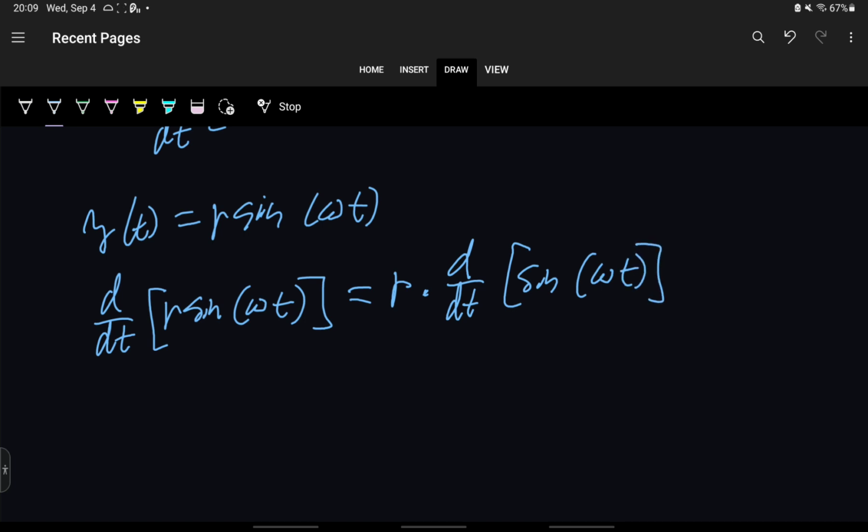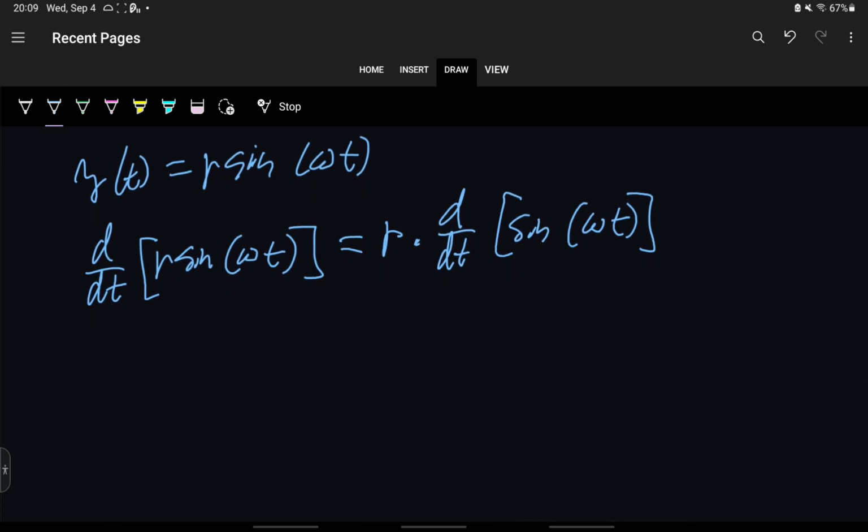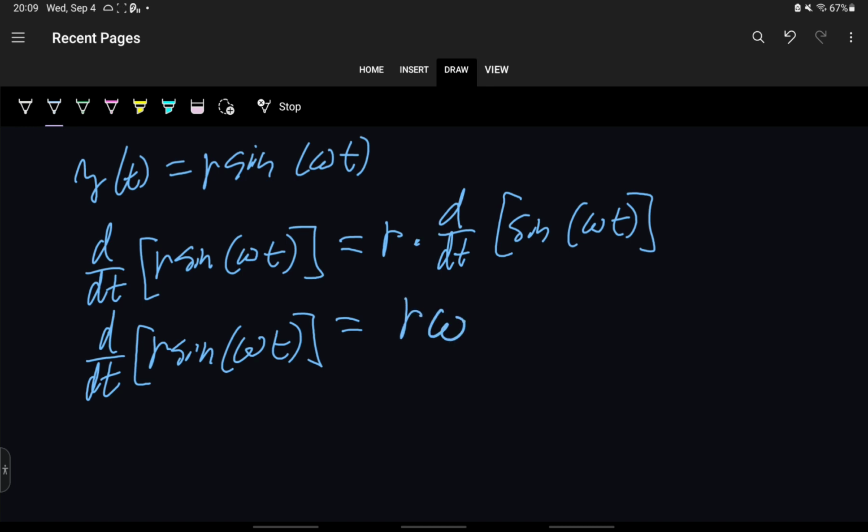Let's use the chain rule again. The derivative of sine omega times t is going to be omega times cosine omega times t. So d over dt of r sine omega times t is r times omega cosine omega times t.